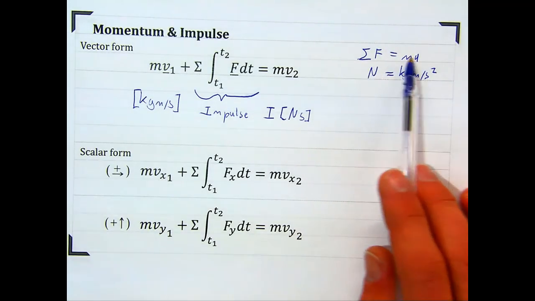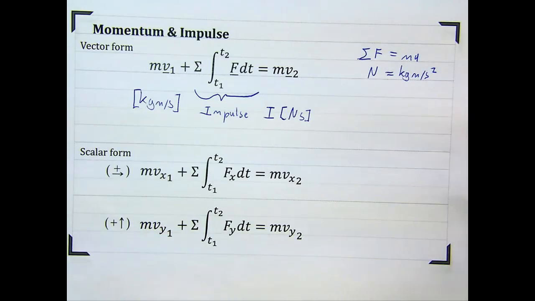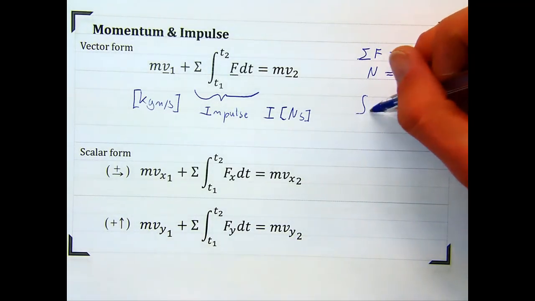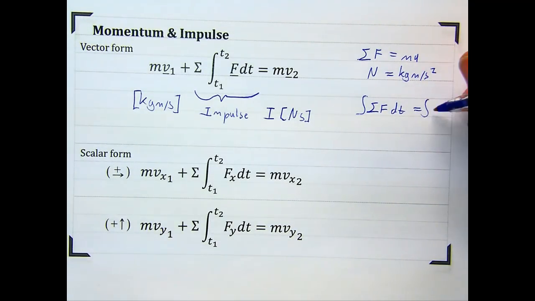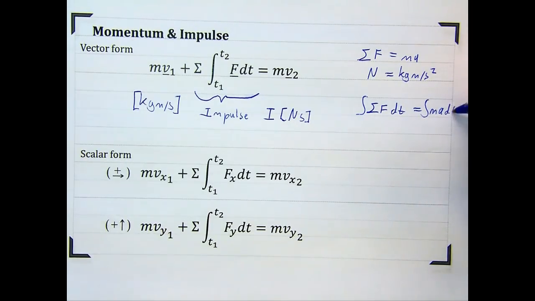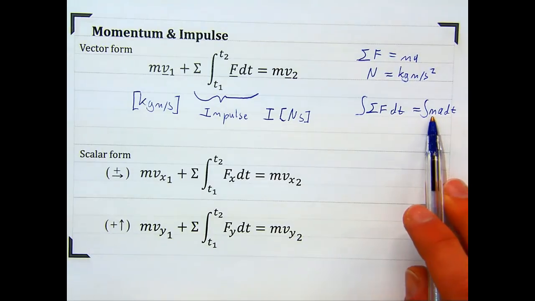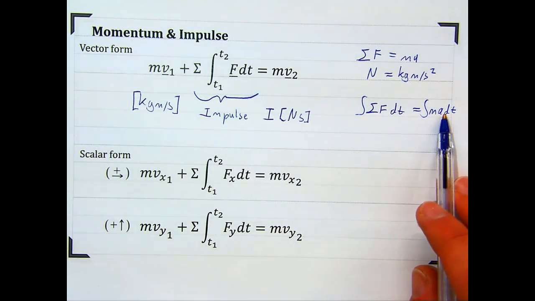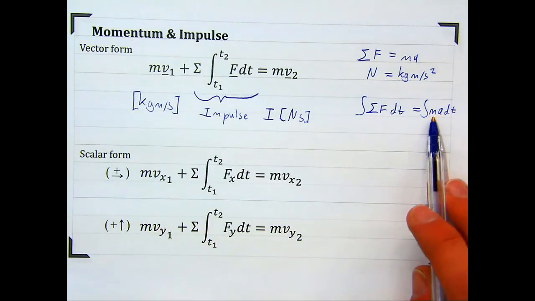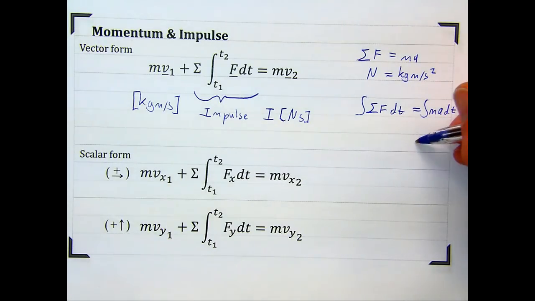So if we take both sides and integrate with respect to time, we get the integral of the sum of the forces with respect to time is equal to the integral of mass times acceleration with respect to time. And then mass is a scalar or a constant. We can take it out in front of the integral, and acceleration integrated with respect to time gives us velocity.